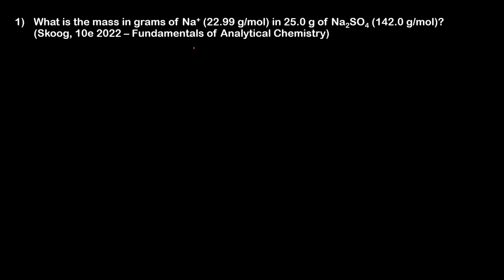Okay, so in answering this type of question, let's focus on the given mass. So here we have 25 grams, right? So since we are starting with sodium sulfate here, let's use the molar mass of sodium sulfate, okay? So 25 grams of sodium sulfate.